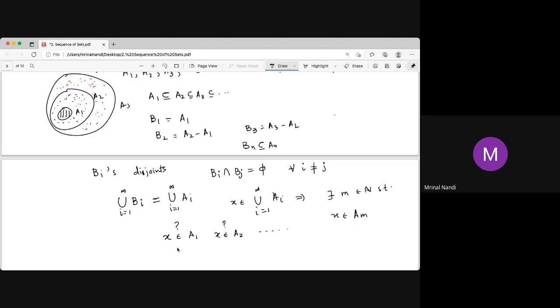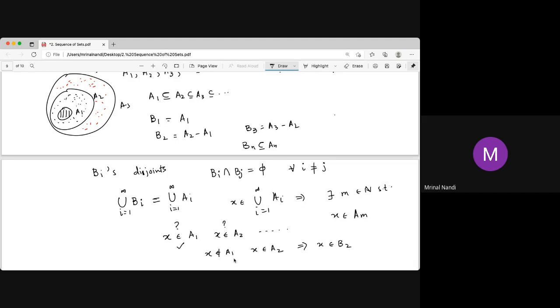If x belongs to A1, done, because x belongs to A1 means x belongs to B1. That means x belongs to the union of Bi. Now, if x does not belong to A1, but x belongs to A2, then x belongs to B2, because B2 is A2 minus A1.